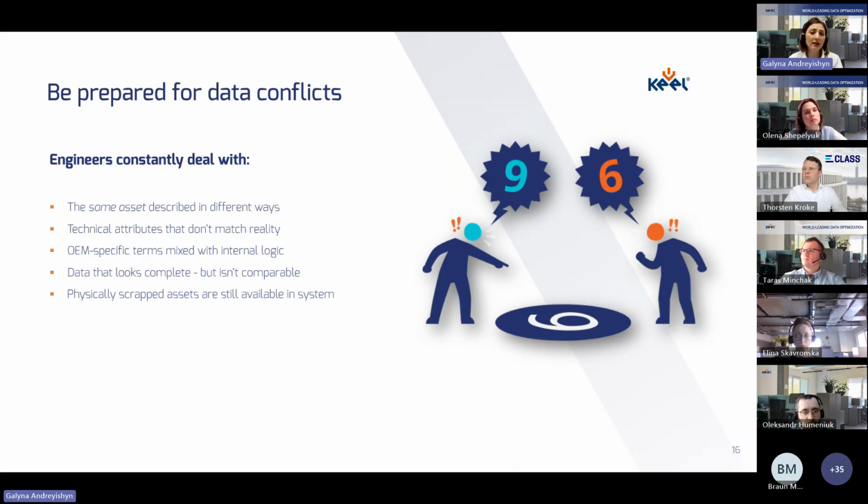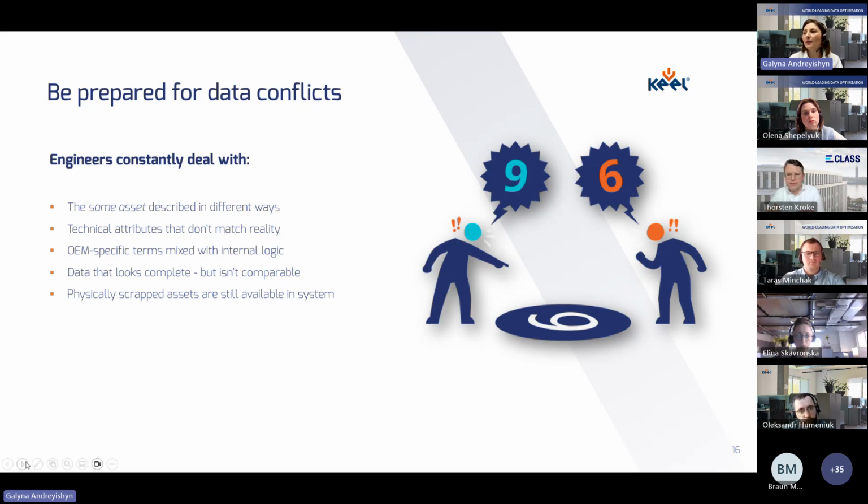Engineers constantly deal with situations where the same asset is described in different ways across systems or where data is incomplete. Sometimes assets which are physically removed are still active in the system. This is daily reality in many organizations.